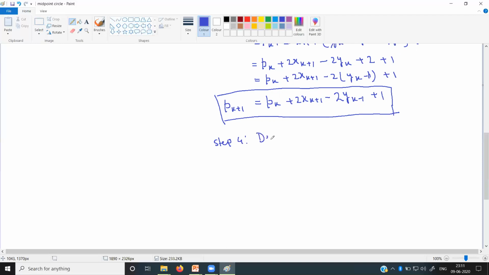We have to determine the symmetric points for other 7 octants.